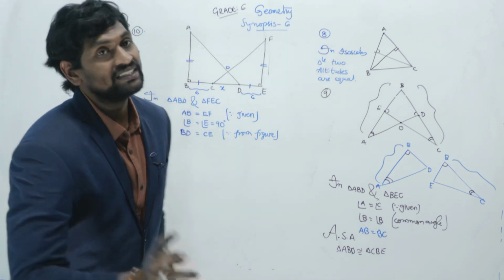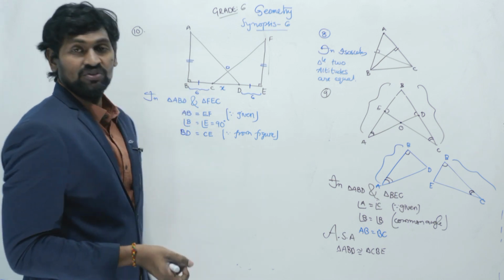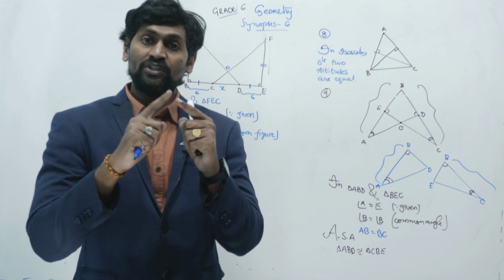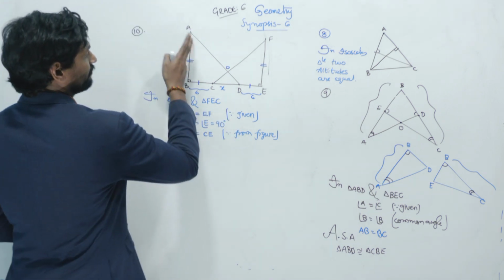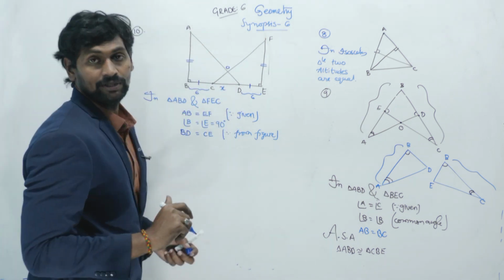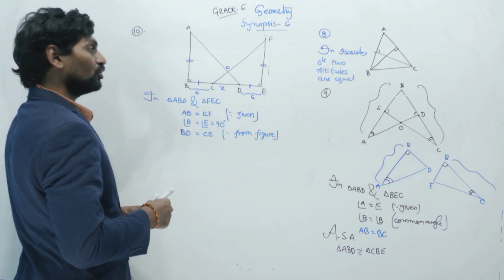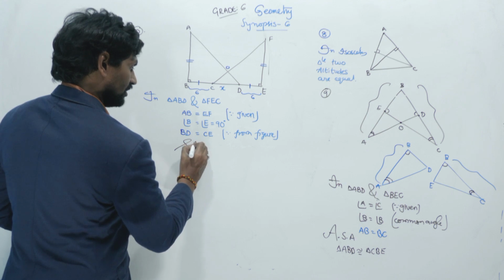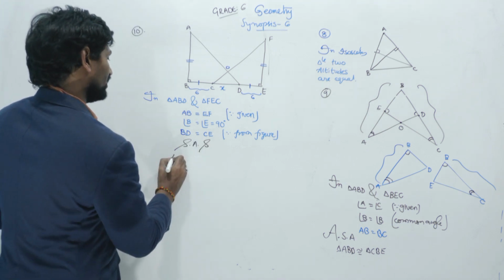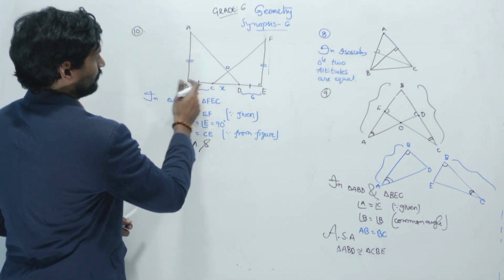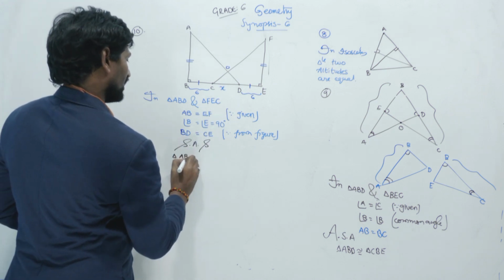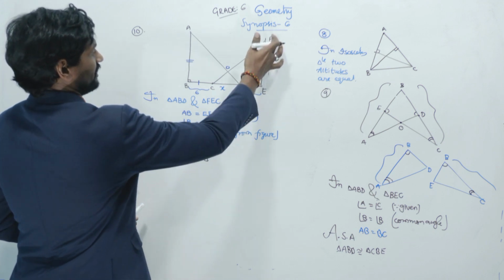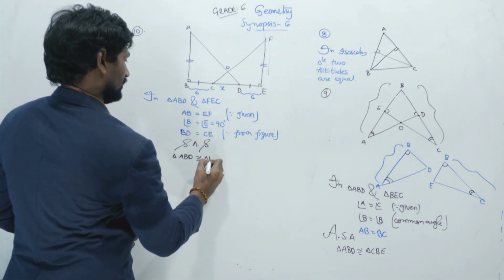But you may think it is a right angle, so we can use RHS congruence. But for RHS the hypotenuse must be equal, and we don't know any information about the hypotenuse of either triangle. So we should take only SAS congruence. By using SAS congruence, triangle ABD is congruent to triangle FEC.